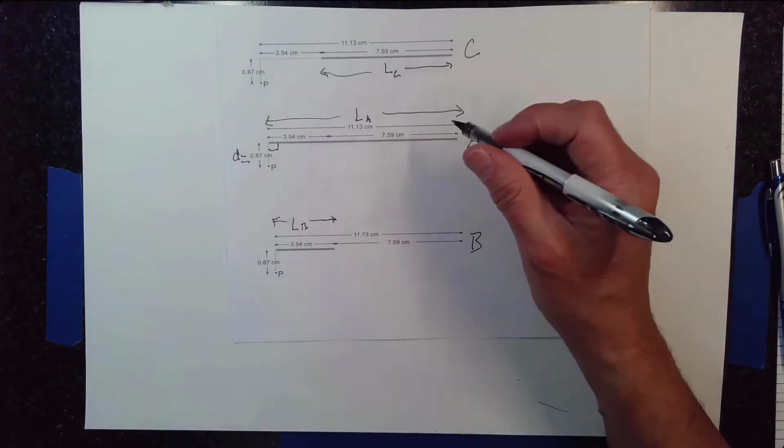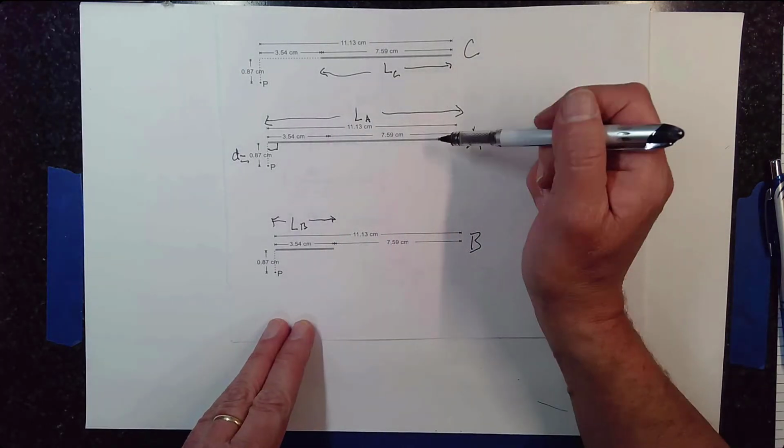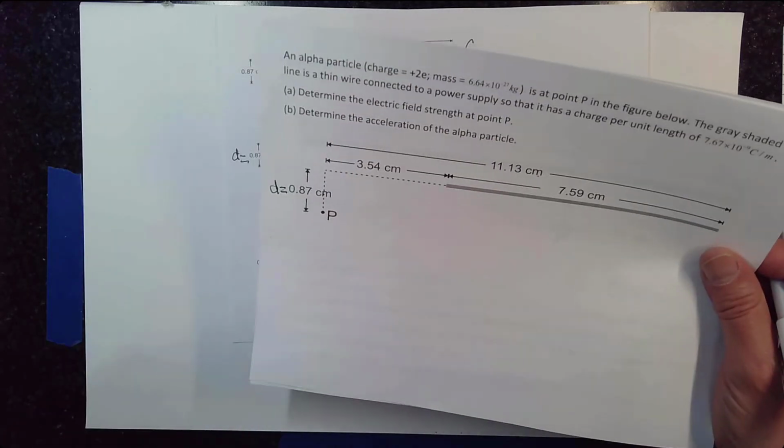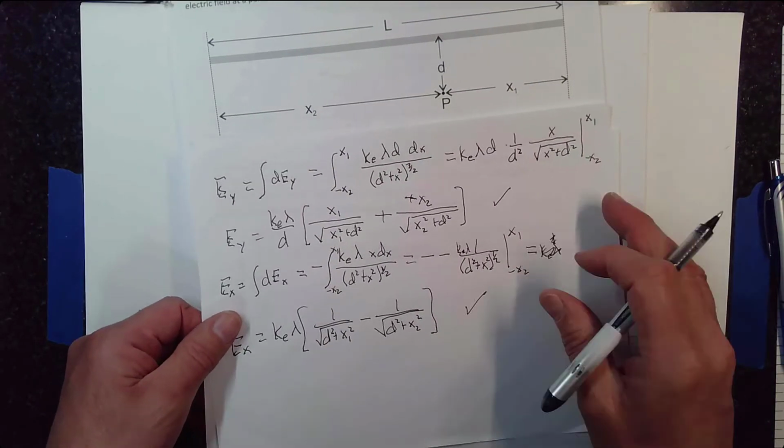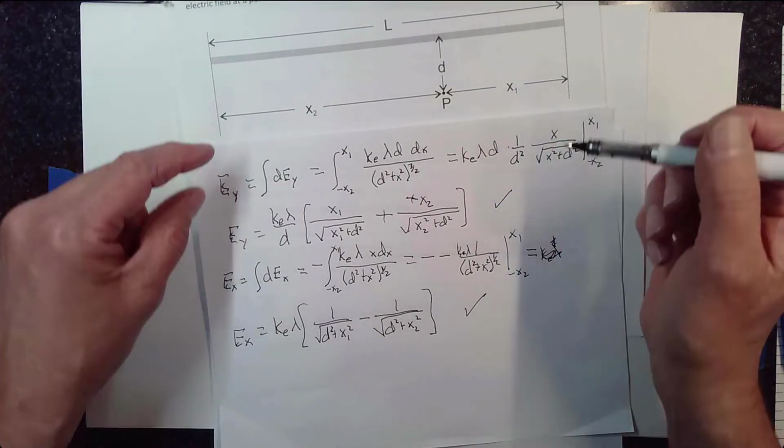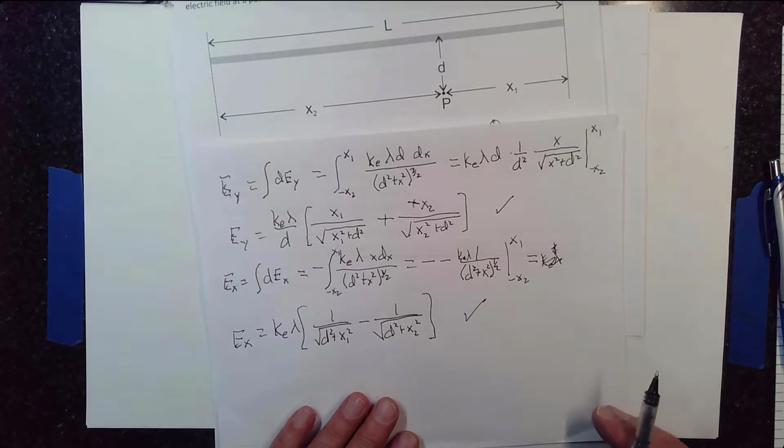Now, I can actually get the electric field for situations A and B just by looking at the results that I had before. This drawing here was the situation that I figured out the electric fields for before.